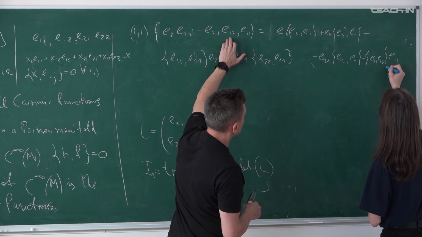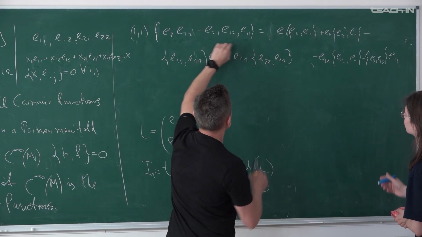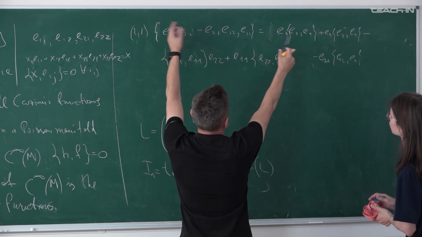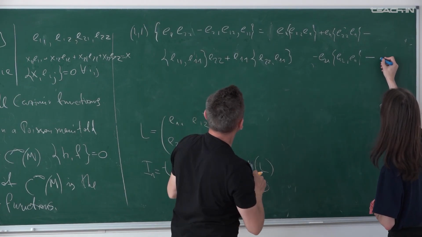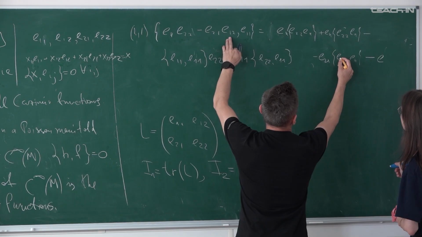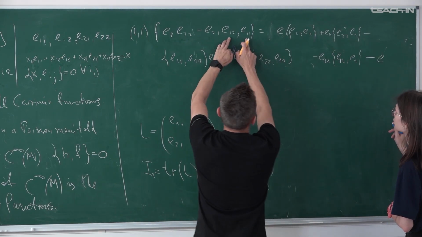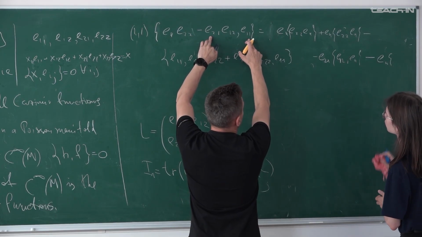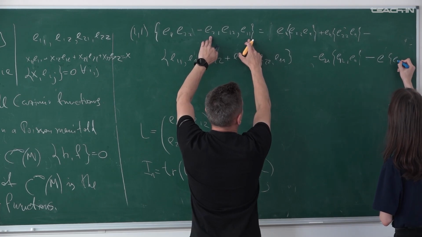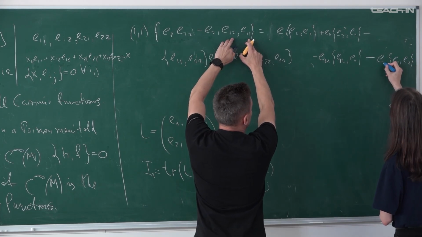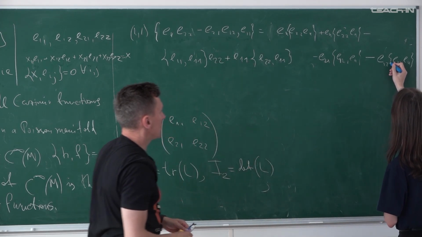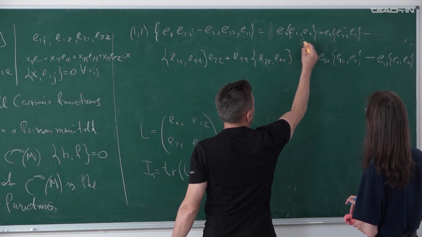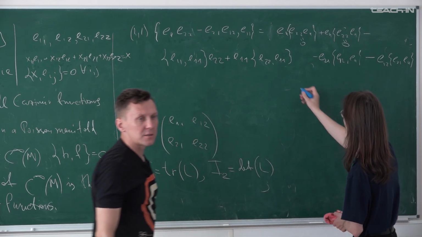And here E12. The Poisson bracket of these two elements, and this will be out of the bracket. Minus this E21, E12 with E11. So you consider this, and now you have to consider this Poisson bracket, E21 with E11, and the element E12 will be out of the bracket. So these brackets are 0. Okay? Because the commutator of diagonal matrices.